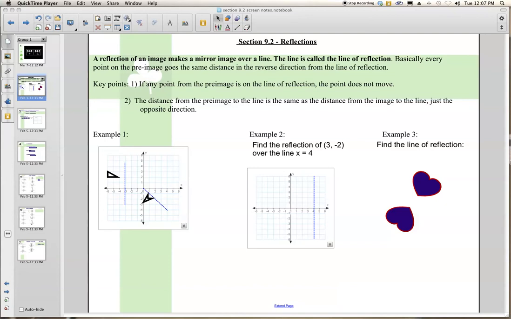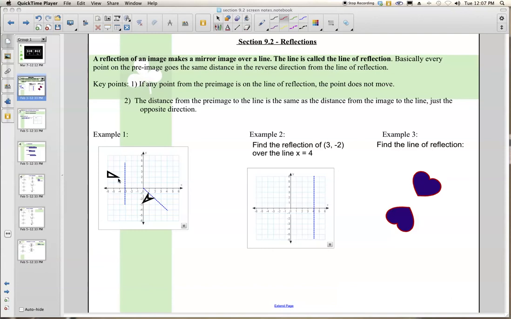So what does that look like? An example that I have here is if I was going to reflect this triangle over this line. This is the line where x equals -3. If I were to reflect it over that line, I would take every point on this pre-image and measure how far away it is from the line, and then I would move it that same distance, only in the opposite direction.